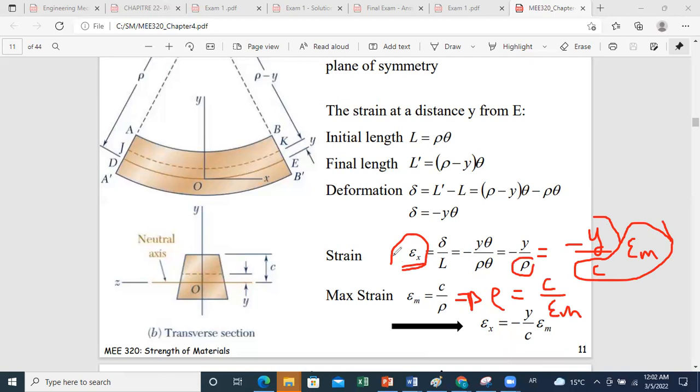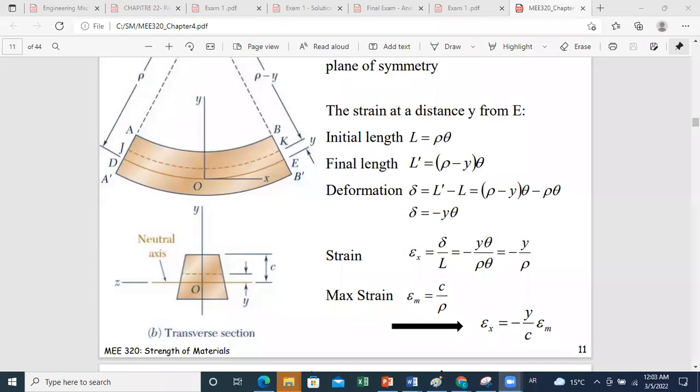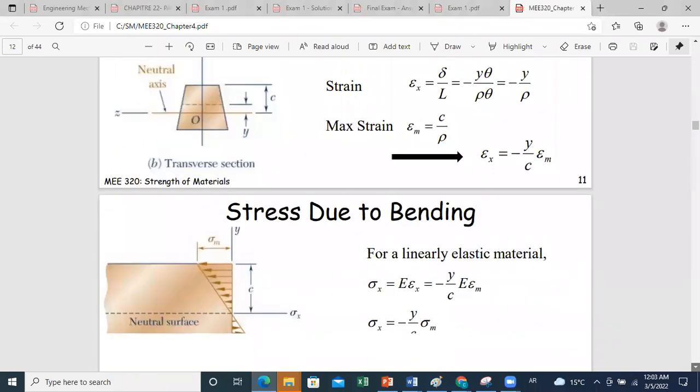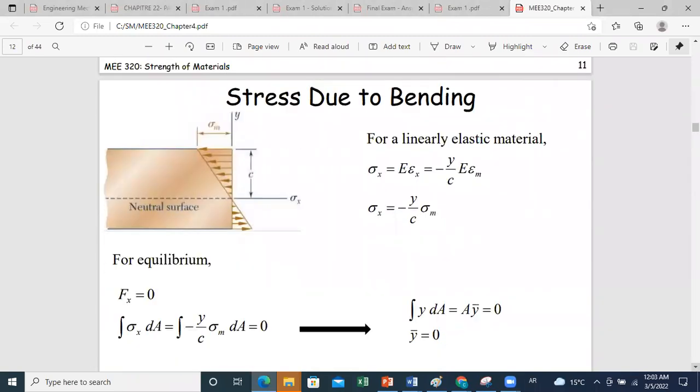So you have a linear variation of the strain within your cross section. And this is a very important result because if the strain is varying linearly, then the normal stress will also vary in a linear way. Why? Because we know from previous chapters how to relate normal stress to strain. You know that for a linearly elastic material, the relation between normal stress and strain is given by sigma x equals the modulus of elasticity times the strain along x.